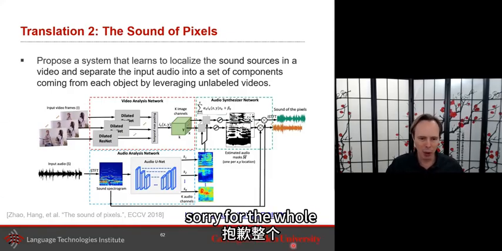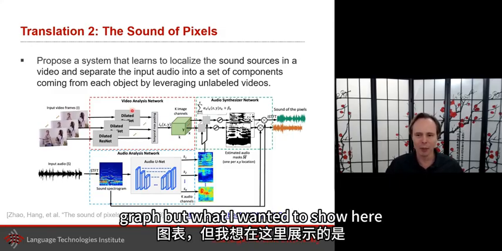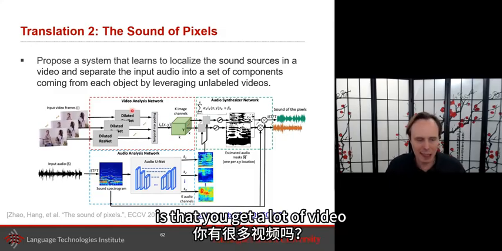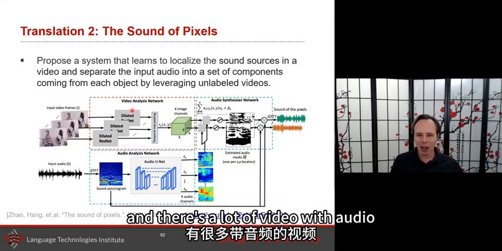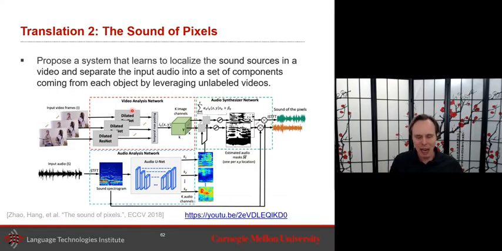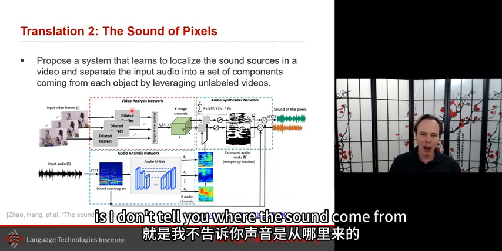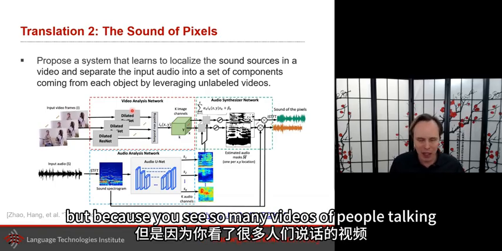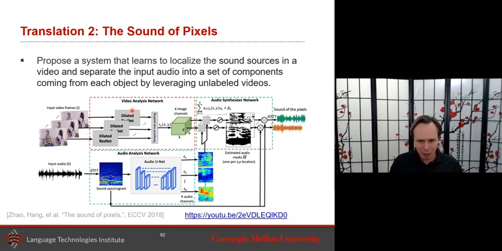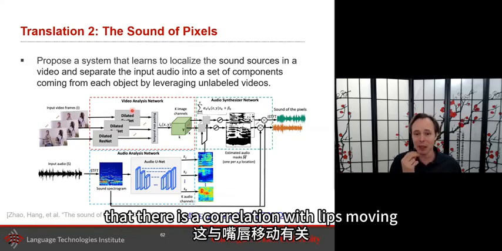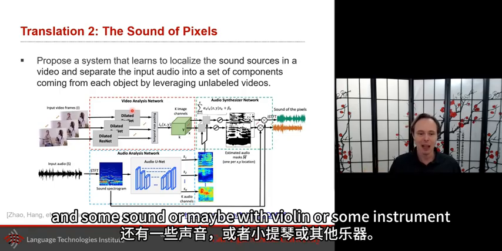Sorry for the whole graph, but what I wanted to show here is that you get a lot of video, and there's a lot of video with audio. I don't tell you where the sound comes from, but because you see so many videos of people talking, you will realize that there is a correlation between lips moving and some sound, or maybe with a violin or some instrument.